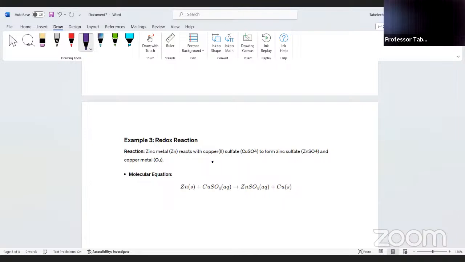Well, zinc can't split itself up, so you're just going to write zinc by itself. Let me zoom out so y'all can see the full screen. So zinc is going to be written by itself plus, and let me make this a little bit smaller because I'm going to run out of space. So zinc, right there, okay?